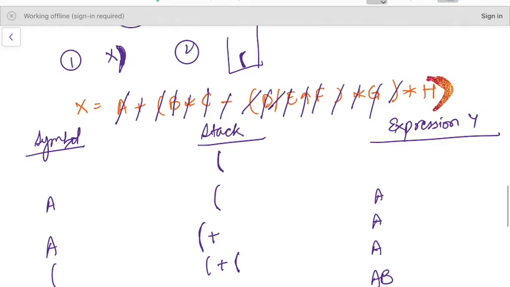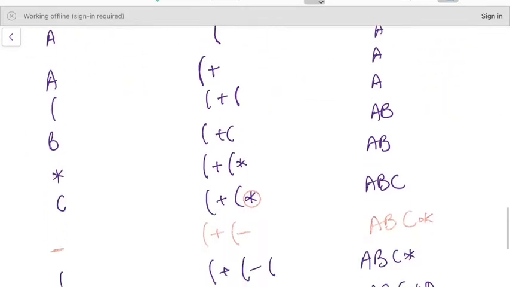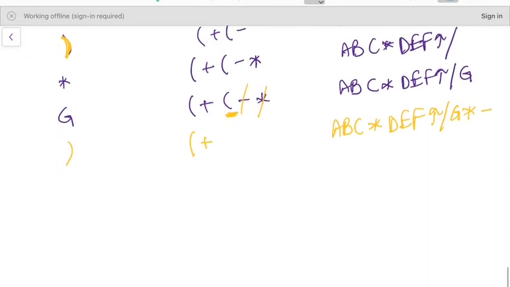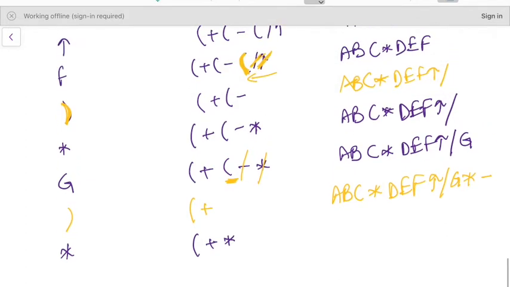Okay, all right, and then this multiplication. So multiplication has higher priority than addition, so it can be placed onto the stack.